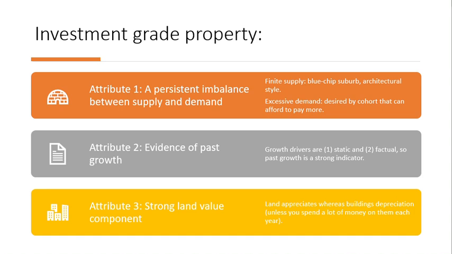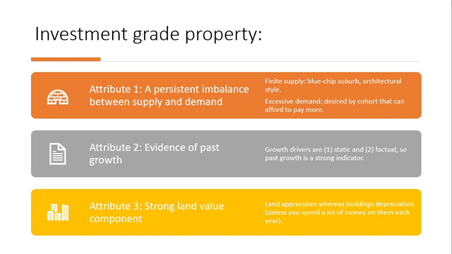Of course, when an asset is in very high demand but finite or fixed supply, that's when you tend to get price appreciation, because there's more and more people that want to buy that asset, and then there's more and more people that can afford to pay more. So blue chip suburbs that have very little access to any vacant land in any close proximity.